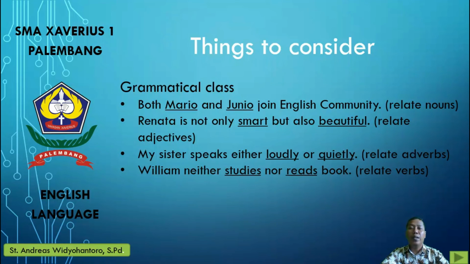Second, Renata is not only smart but also beautiful. Here, the words smart and beautiful are the same class. They are adjectives. The third example, my sister speaks either loudly or quietly. Loudly and quietly are both adverbs. William neither studies nor reads books. Here they relate to verbs.